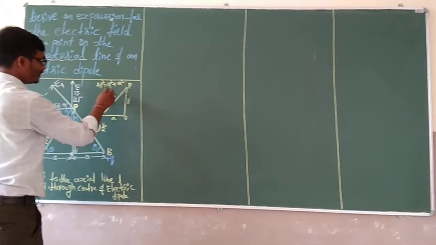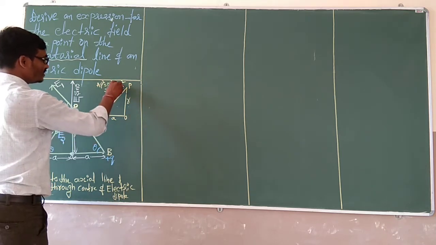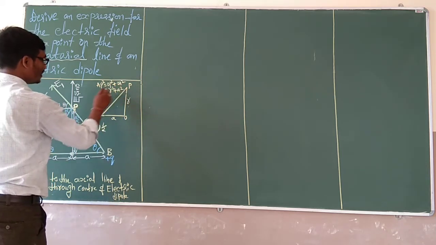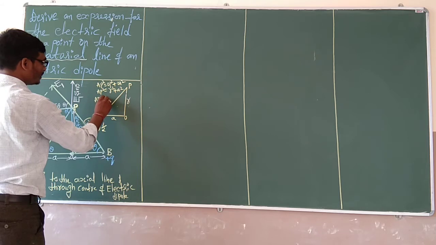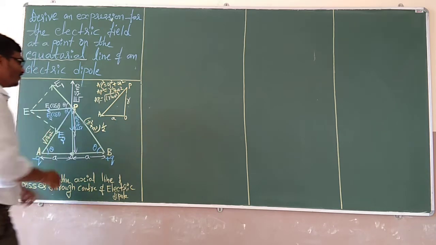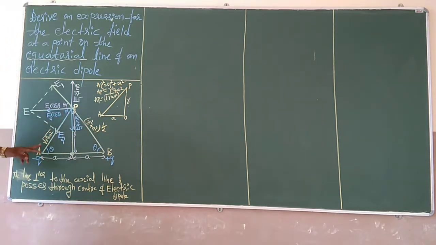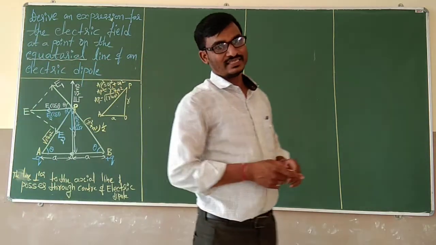OP is r, so r square, plus OA square, this is a square, equals AP square. Then AP is equal to root of r square plus a square. Similarly for B also, the same. Both the distances from A to P as well as B to P are the same, that is the root of r square plus a square.